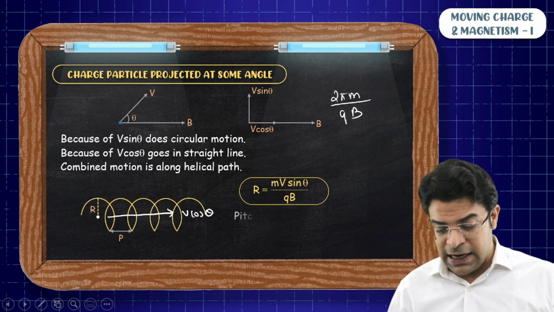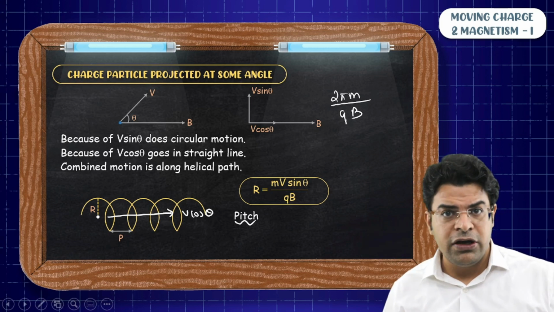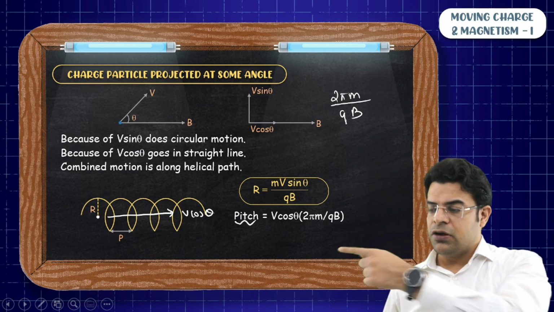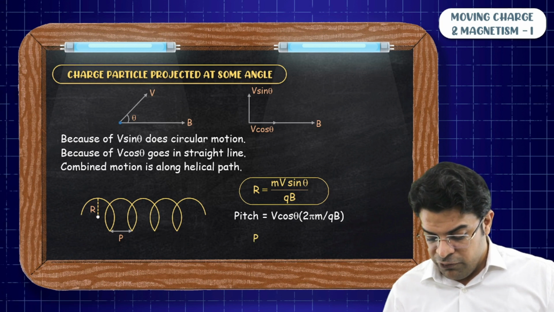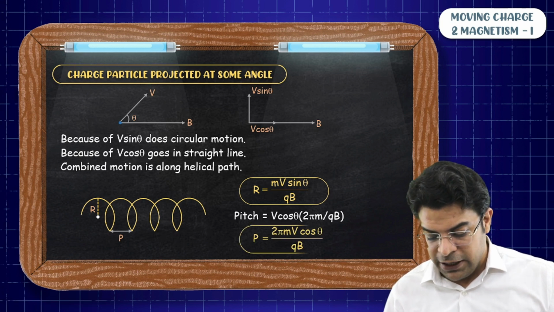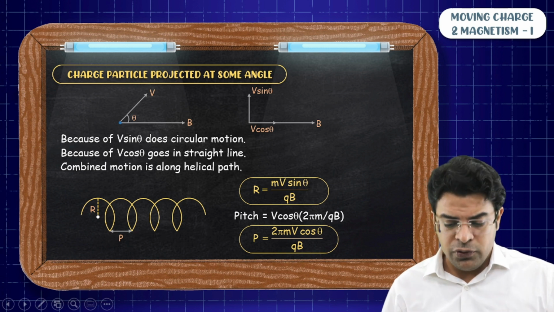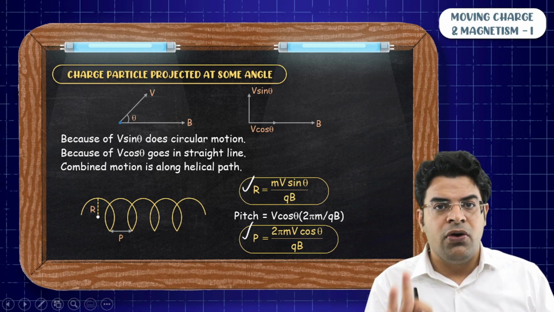So the pitch will be the velocity along the magnetic field, v cos theta, multiplied by the time taken to complete one circular motion, which is 2 pi m by qB. So the pitch comes out to be v cos theta into 2 pi m by qB. I just remember it this way. If you remember both of them, you will be able to get answers based on this thing.